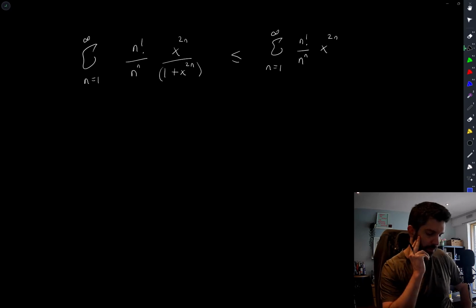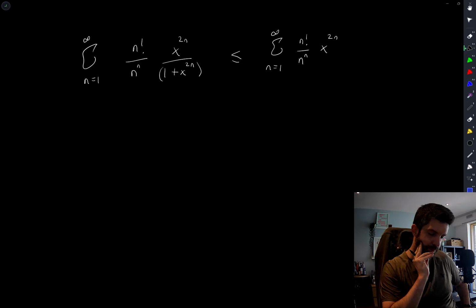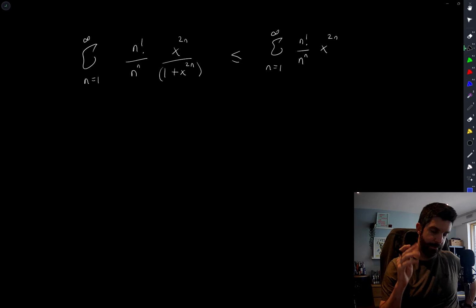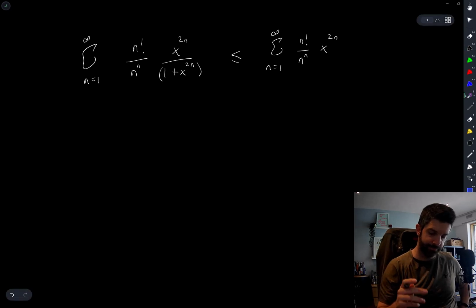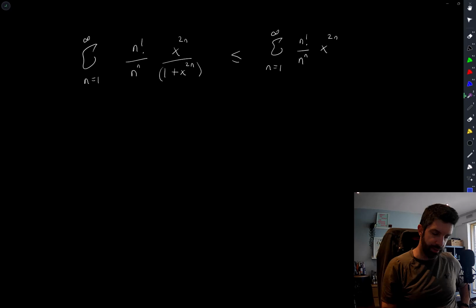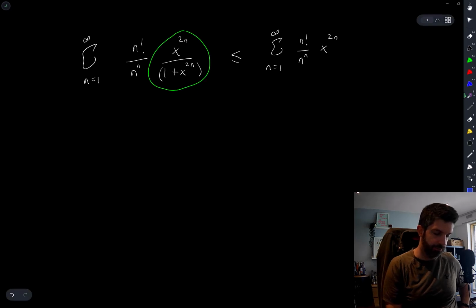Okay, now I'm not completely sure. Maybe I don't even want to do that, right? Because if I have very large values of x, then this is very close to 1.